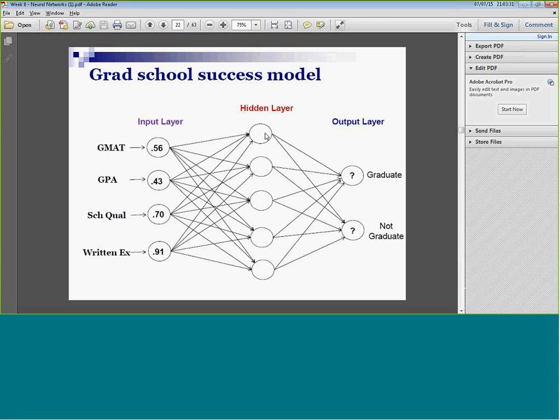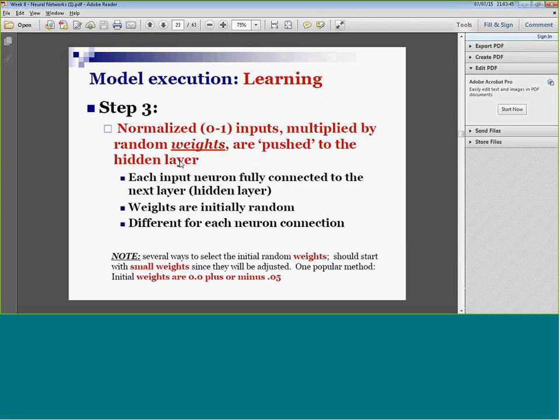So look at this. It's going to send a number here, here, here, here, and here. It won't be the same number because on each of these branches, in addition to this 0.56, it will be multiplied by a random weight. Weights are initially random. They're usually very small, somewhere between plus or minus 0.05.